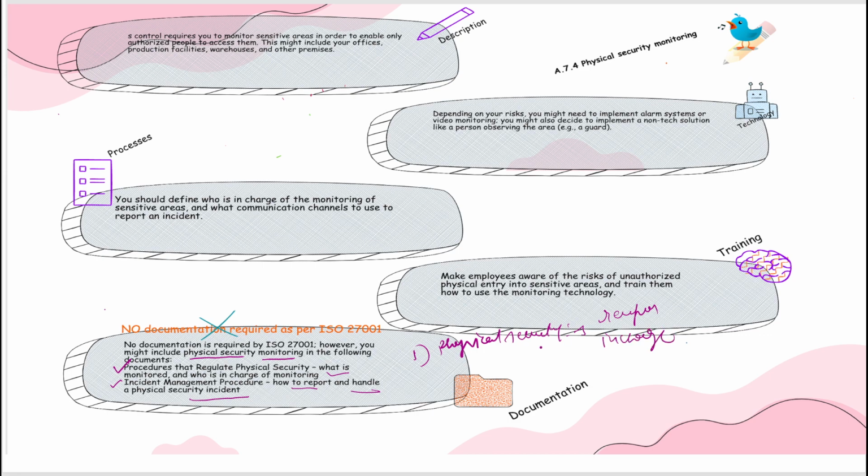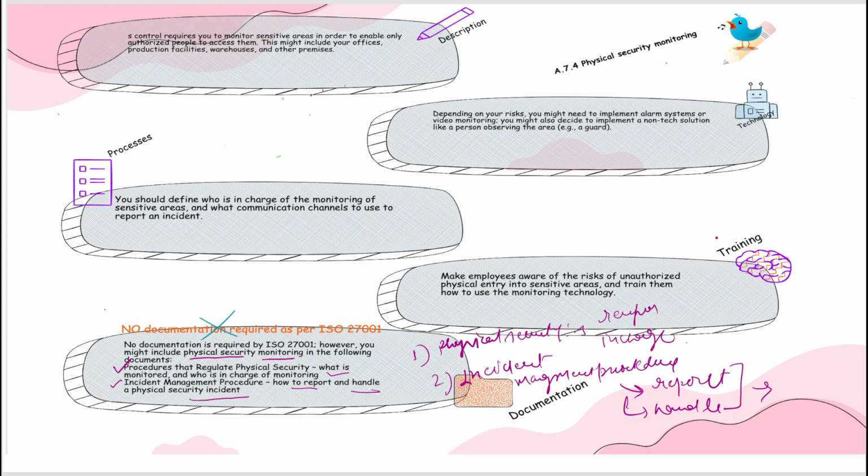And then if an adverse event is identified, your incident management procedure needs to cater for how to report and handle this physical security incident. Okay.